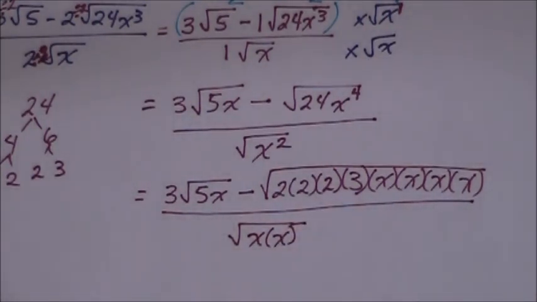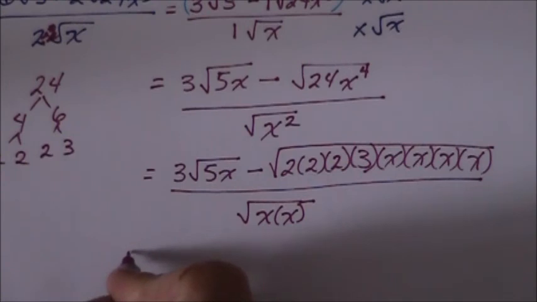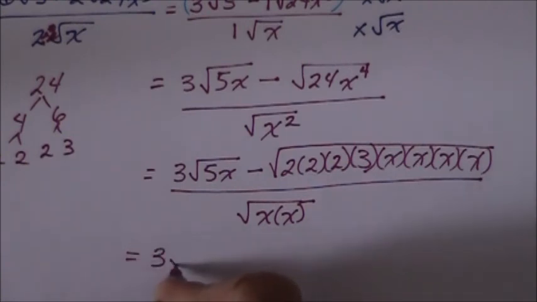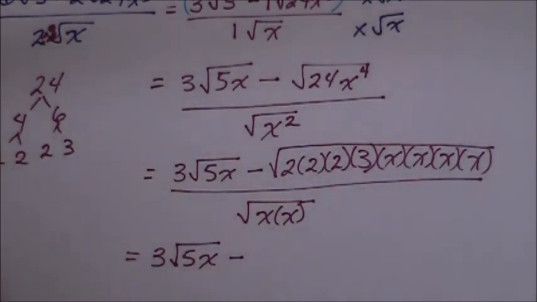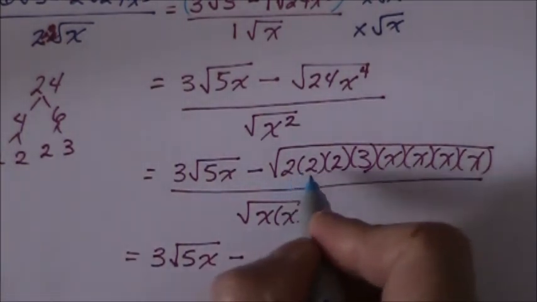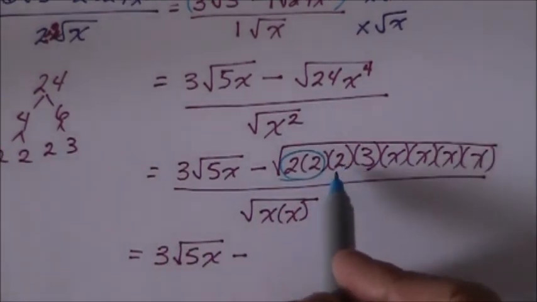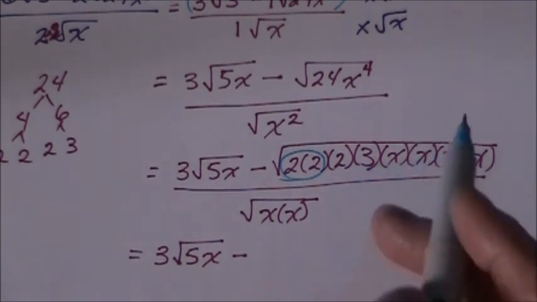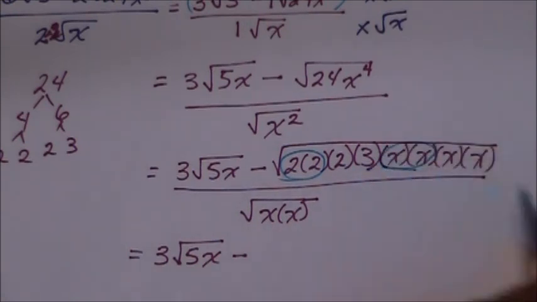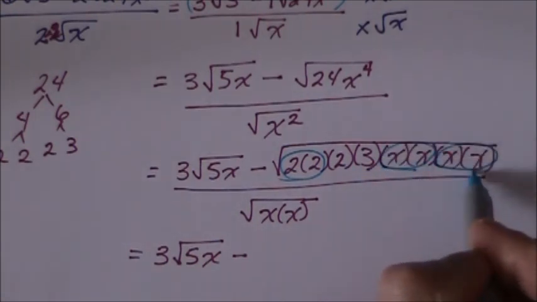So, first term we said doesn't change. Second one, we're looking for groups of 2 that are the same. So these two 2's can go together. This 2 has nobody to go with. This 3 has nobody to go with. These two 2's can go together. These two 2's can go together.